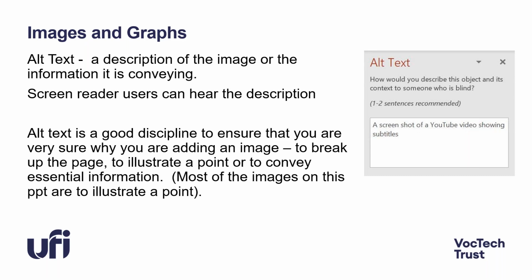So for example, if you wanted to put a picture of Van Gogh's sunflowers, you could say painting of sunflowers by Van Gogh, lots of yellow and all those sort of things if you wanted to. Now, the reason that alt text is needed is so that a screen reader user can hear the description.